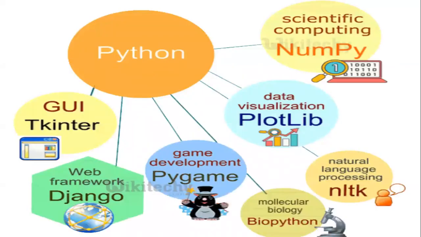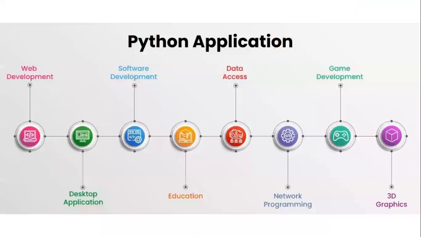Python is used for GUI, game development, web frameworks, molecular biology, natural language processing, and applications like web development, desktop applications, software development, education, data access, network programming, game development, and 3D graphics.